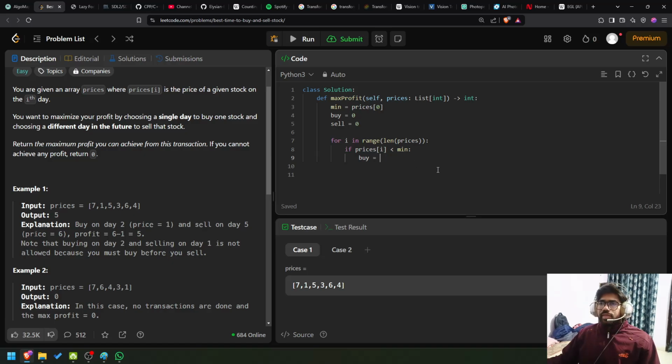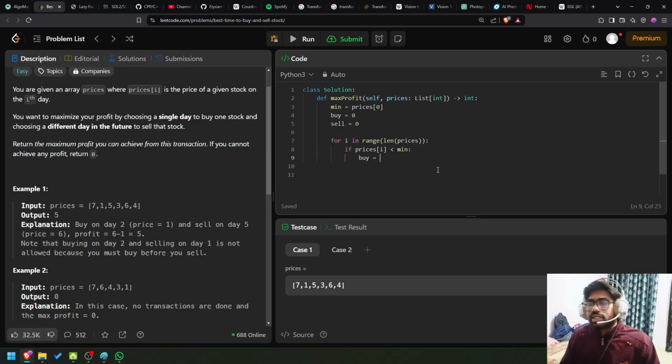Find the minimum, and from that point onwards try to find the maximum. Let's try to do it in a simple way. First we'll find the minimum, then we'll find the maximum, and we'll provide the difference of those values.